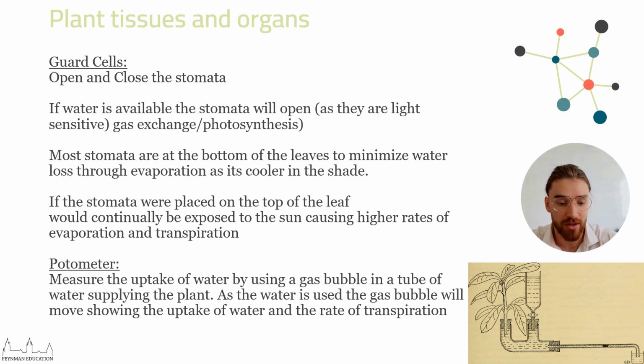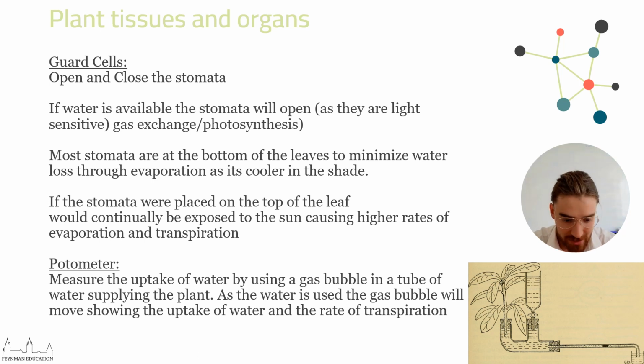And there's something called a photometer. Now a photometer is a device that we use to measure the uptake of water from the plant. So a photometer is basically going to show us how much transpiration is happening, and it does this using a little gas bubble that is going to move depending on the water that is being used by the plant.